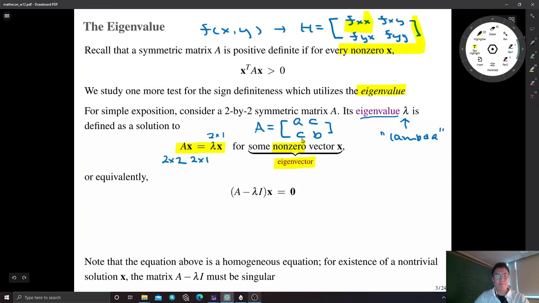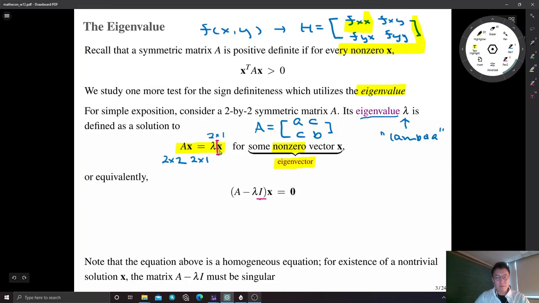Right, so in order to find lambda from this equation, let me use the identity matrix. Let me put the identity matrix in the middle on the right, because the identity matrix does not influence the matrix multiplication.